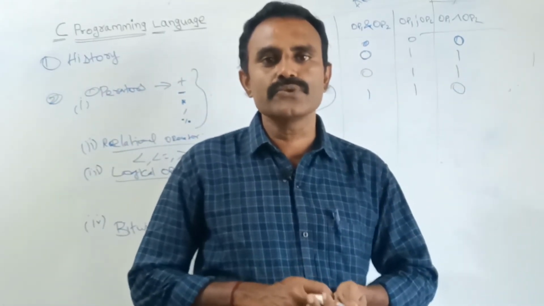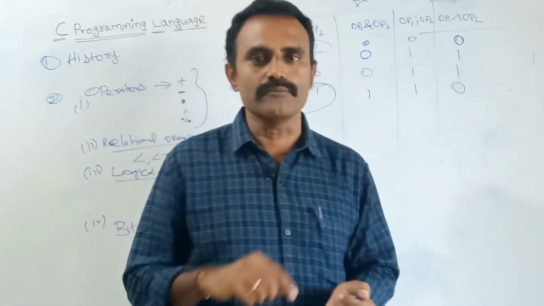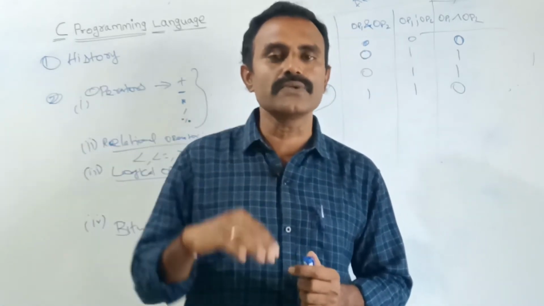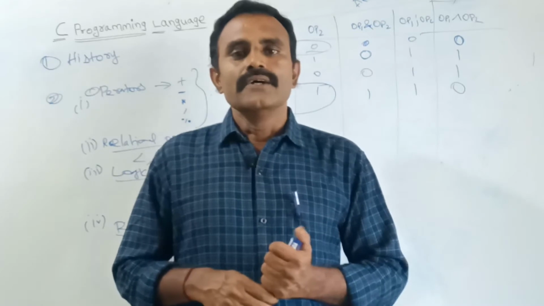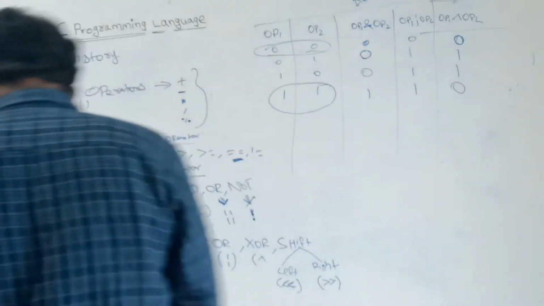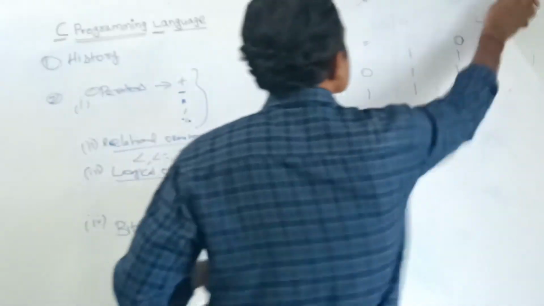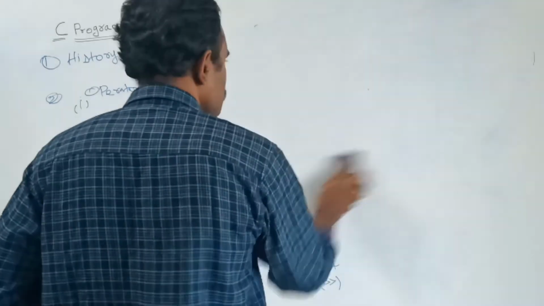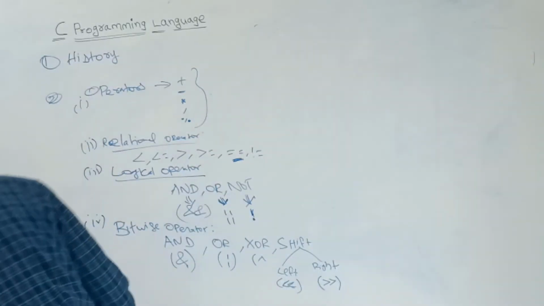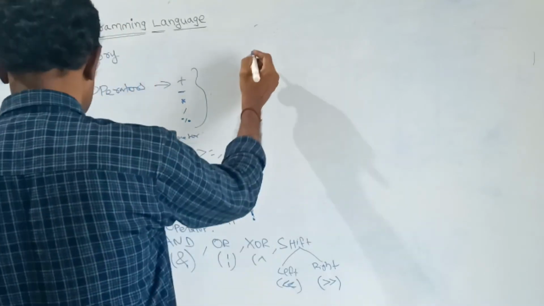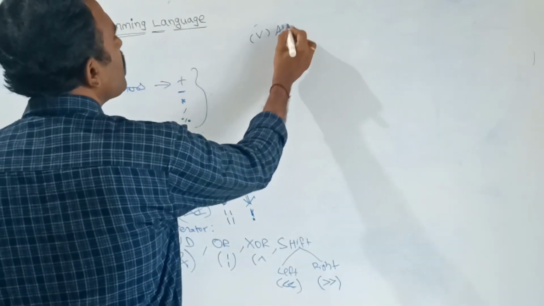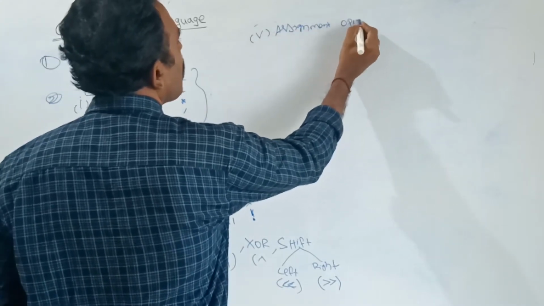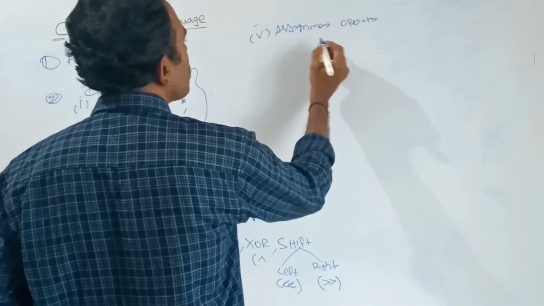The assignment operator is used to assign a value to a variable. If a is equal to 10, it means we are assigning the value 10 to the variable a. In the assignment operator, what are the symbols?